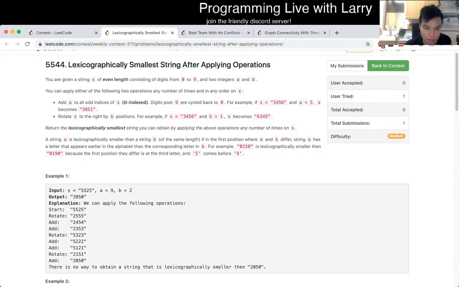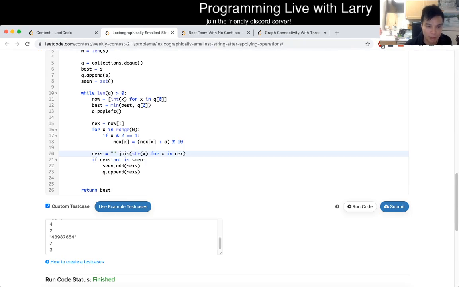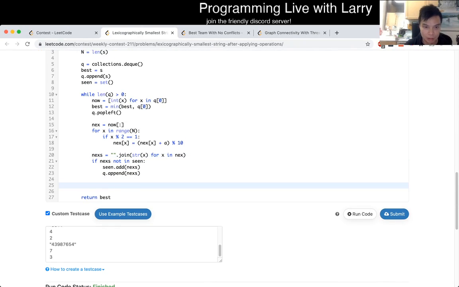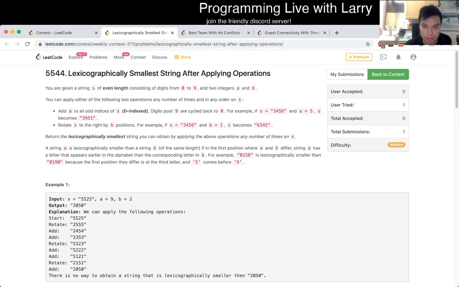Good idea. But seems fast enough. And then I'll rotate T. Okay. One is to the right.